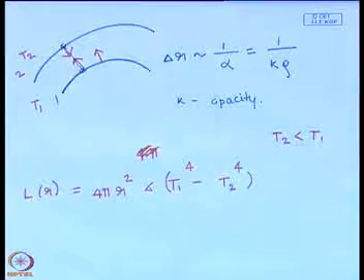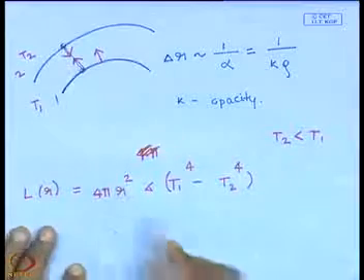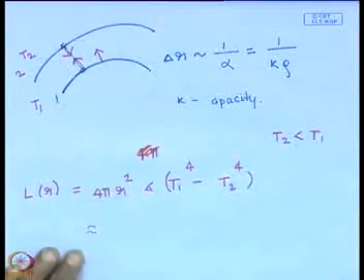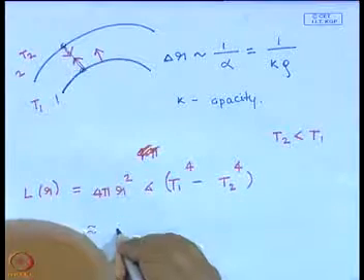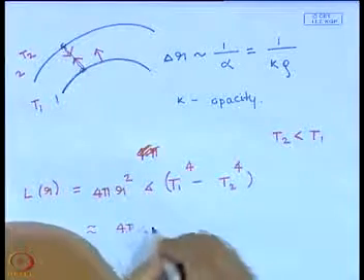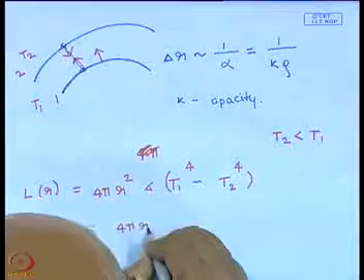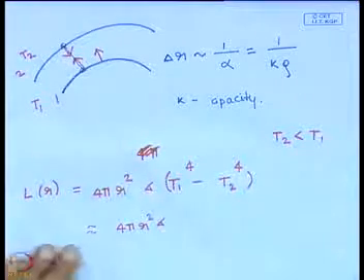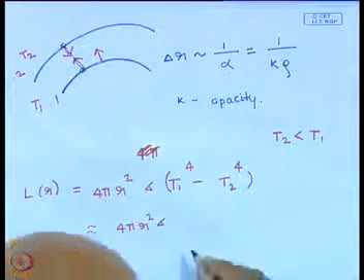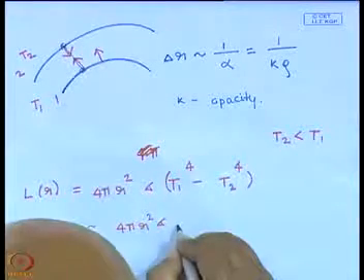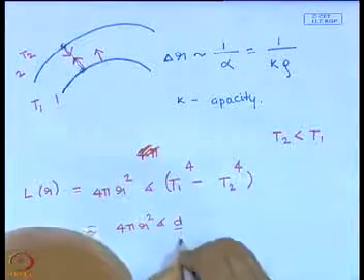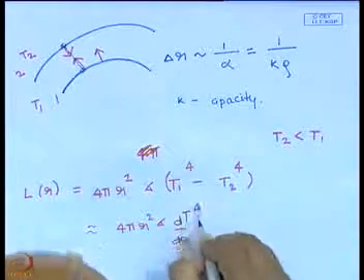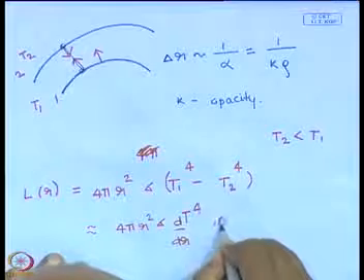And so, we can write this as approximately equal to 4 pi r square into sigma into the derivative of T to the power 4 with respect to r, times delta r.